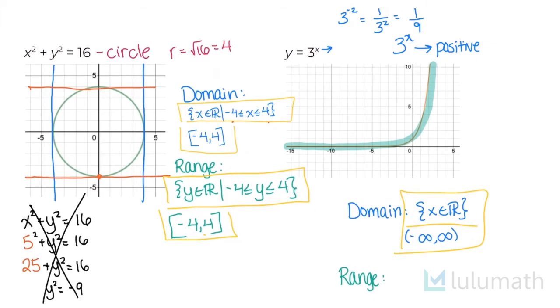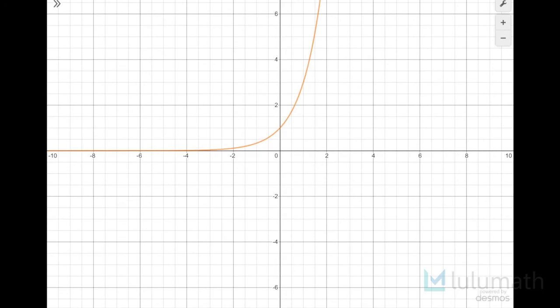Now, because it's positive, it also means that it does not touch 0. Even though it might look like it touches 0, it never ever touches 0. Now let's explore this. On the graph, it looks like it's touching 0, especially down over here in this area right here. And even Desmos is telling us it's at 0.